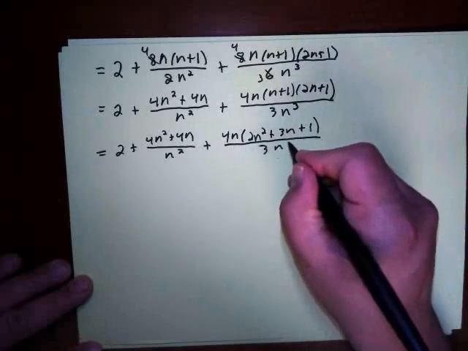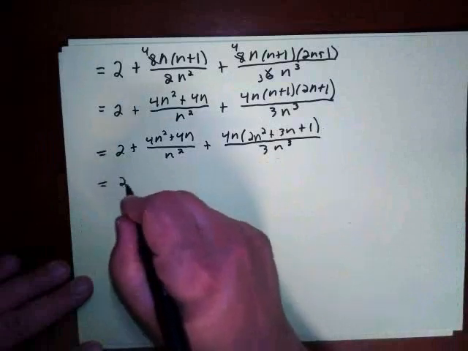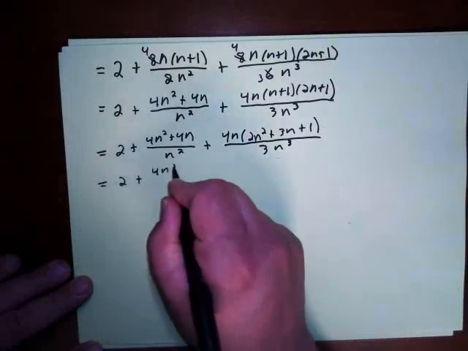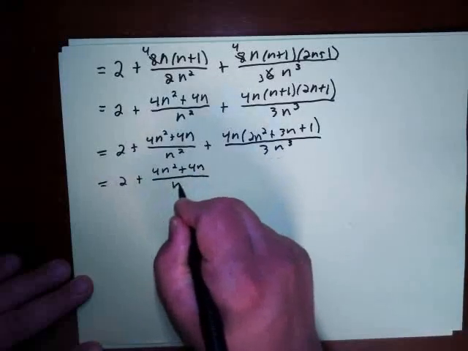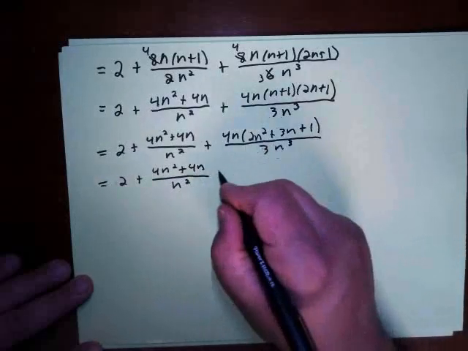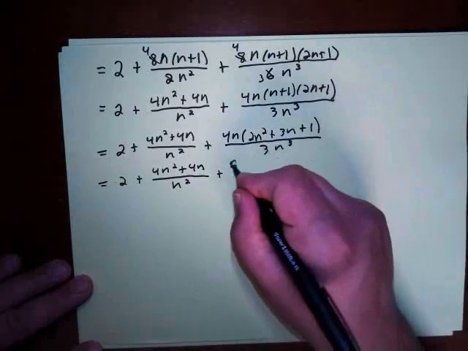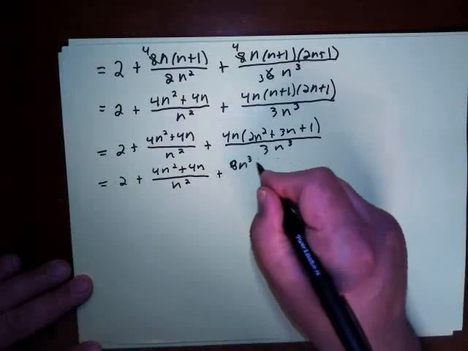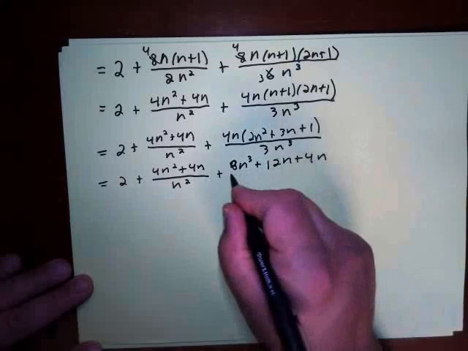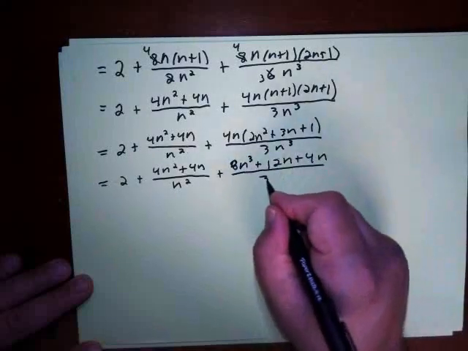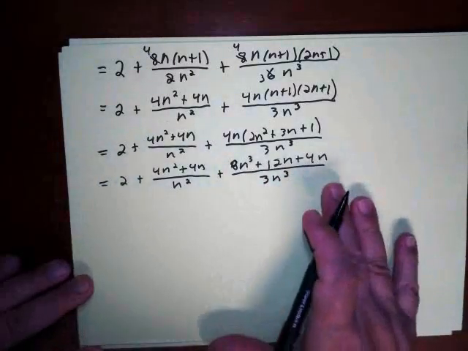all over 3n cubed. And now I'm going to rewrite this, 2 plus, and we got this again. And now I'm going to distribute, this is my final step, that 4n over. So then that would be 8n cubed plus 12n squared plus 4n all over 3n cubed. And so this is my simplified expression.